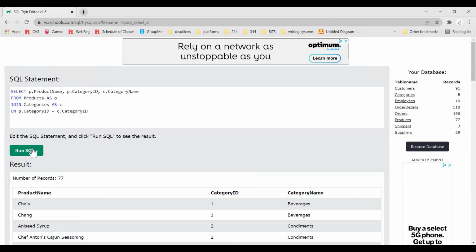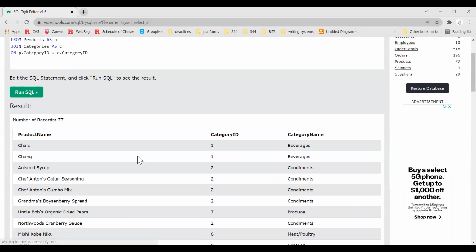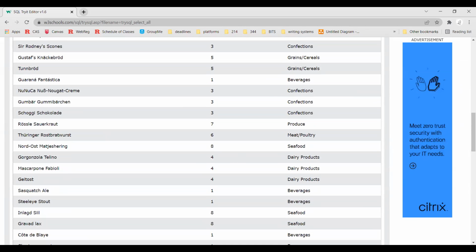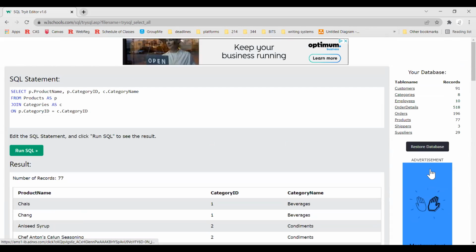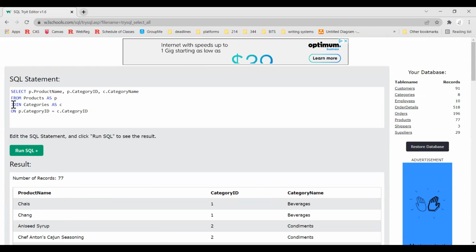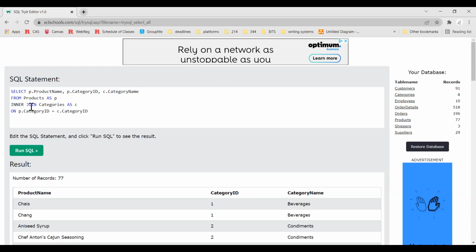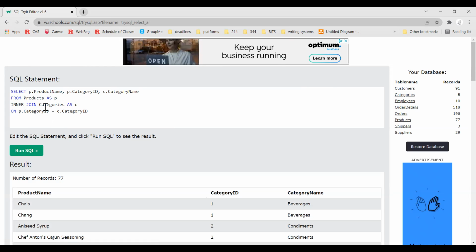That's correct. Okay, so now we can see we have all these category names here. And we're talking about the inner join. If you want, you can actually write INNER here, but you can see that it's black instead of the other keywords, which are all blue. So it won't give you an error, but you don't have to include it. It's just a reminder to yourself in this particular editor.